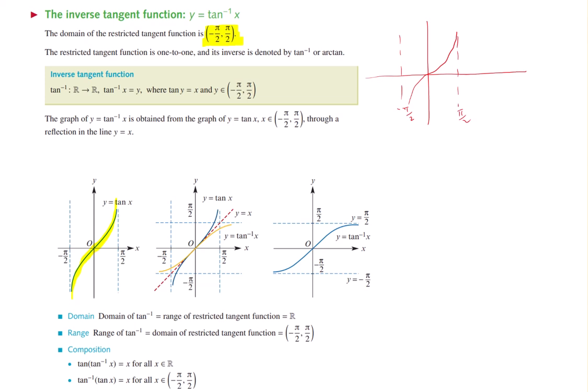Now, we're going to reflect that in the line y equals x, and I actually think this is the easiest one because it doesn't keep repeating. You should be able to see that to reflect that, the asymptotes would become pi on 2 and minus pi on 2, and your graph would look something like this.